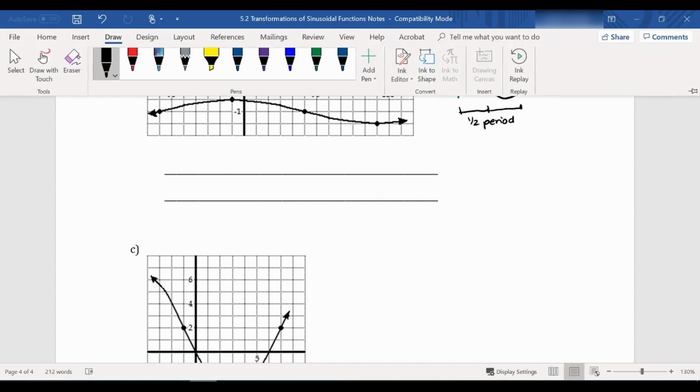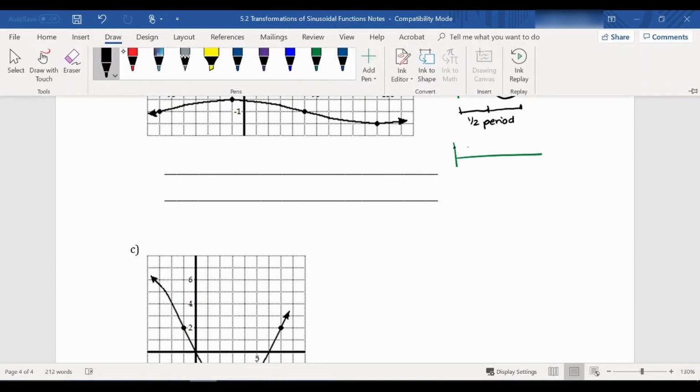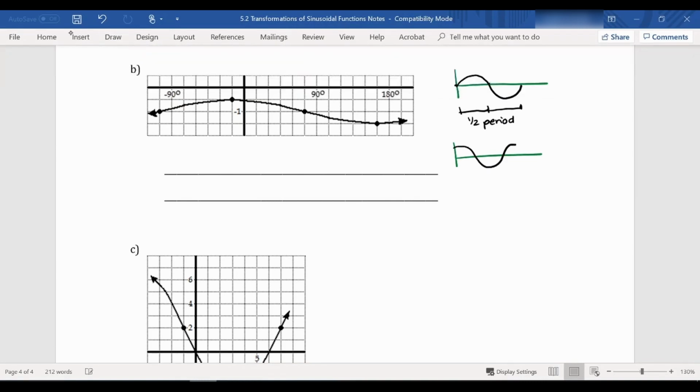If you have a cosine graph, you'll see that half of the period is from the maximum to the minimum, and the other half of the period is from that minimum over to the end, which is at another maximum.